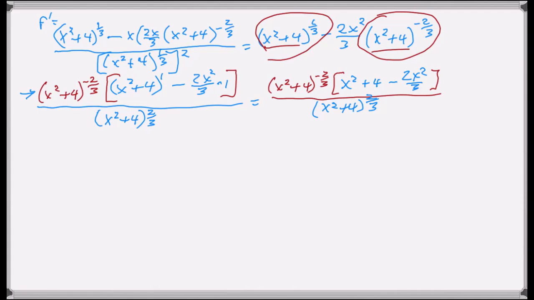Similar to what we did last time, if I take this negative exponent and bring it to the bottom, wouldn't that give me x squared plus 4 to the positive 2/3?